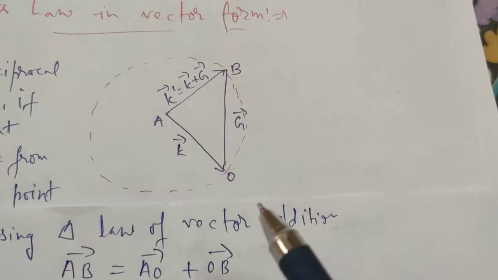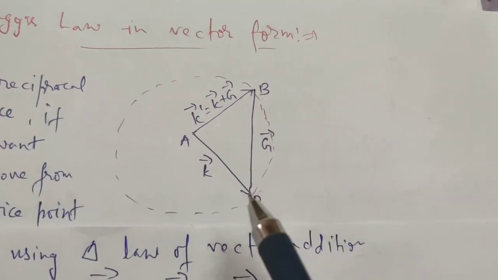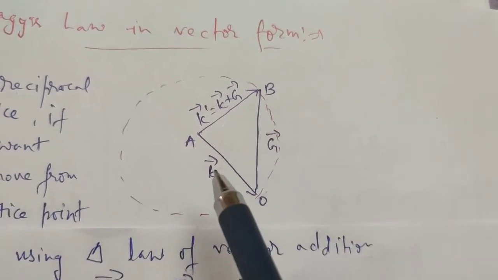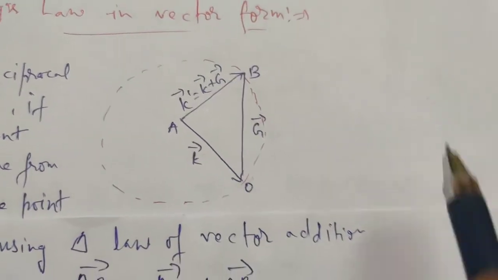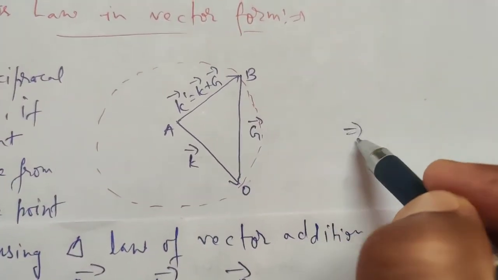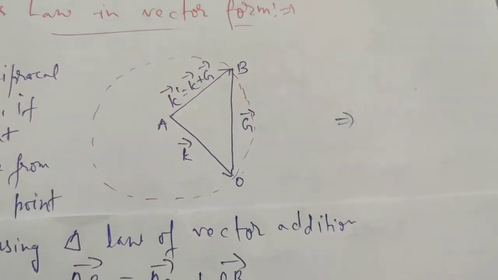One thing I want to tell you here, you may be confused about how K and G come in. From the previous figure, AO is 1 upon lambda.